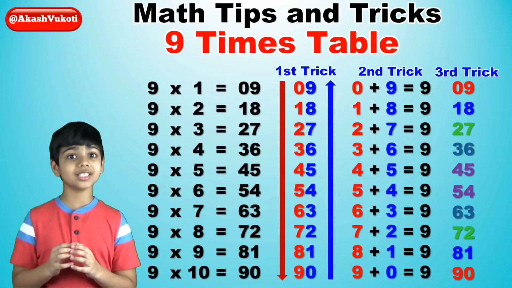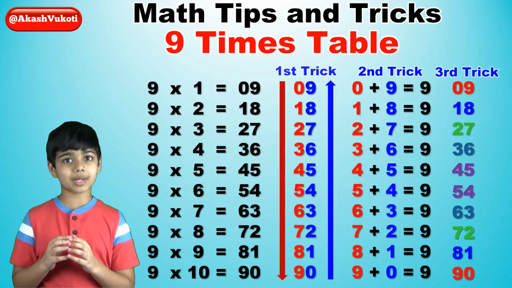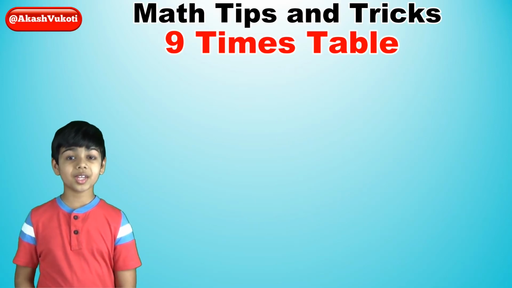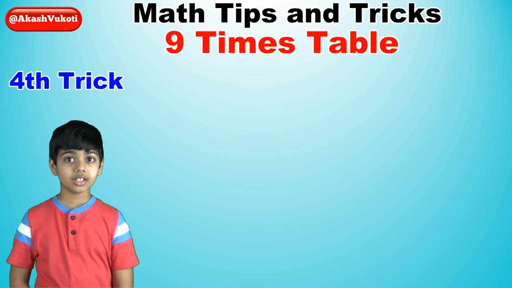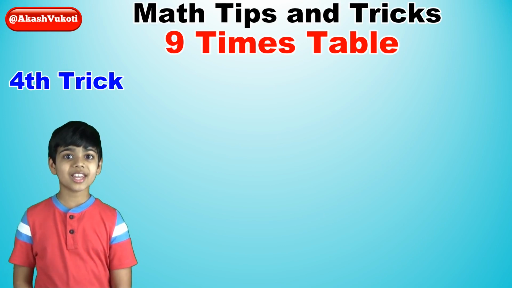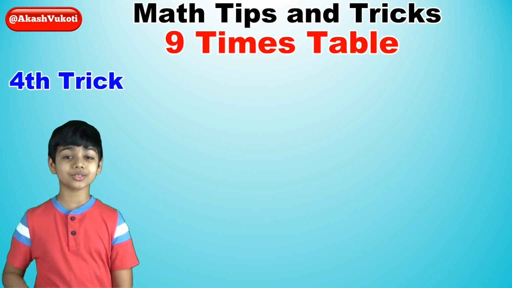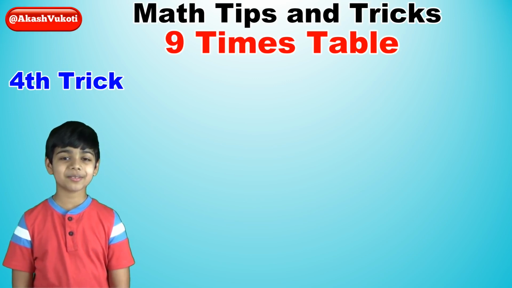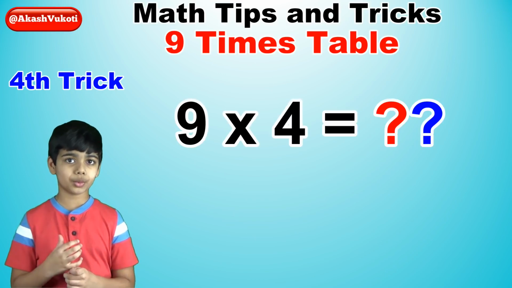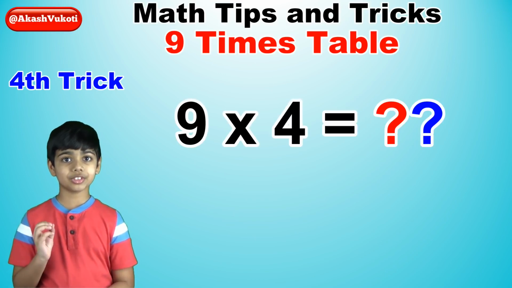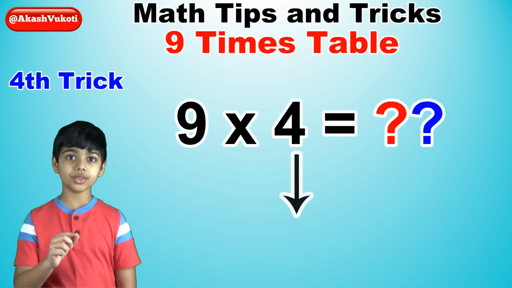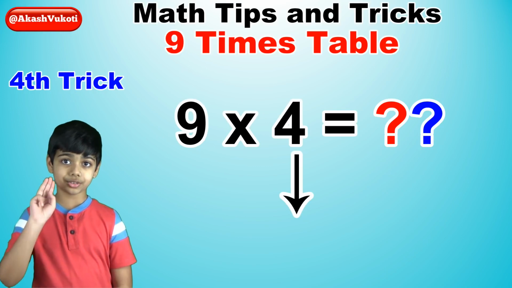These are 3 super easy tricks to memorize the 9 times table. However, there is the 4th trick, which is the quickest and fastest and easiest way to remember the 9 times table. Here it is. Say you want to multiply 9 times 4. Take that number 4 and find the number before it, which in this case is 3.